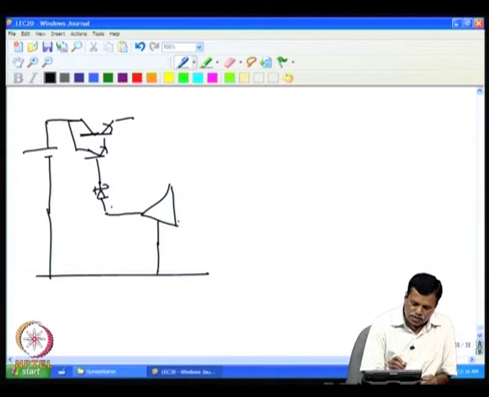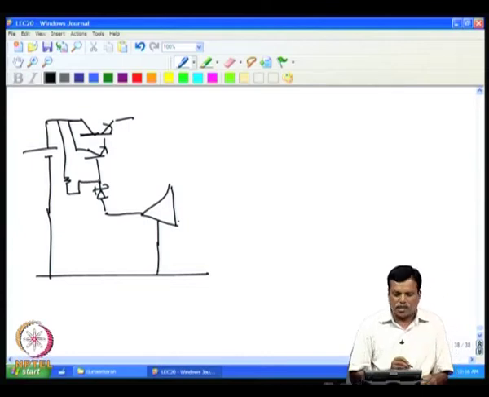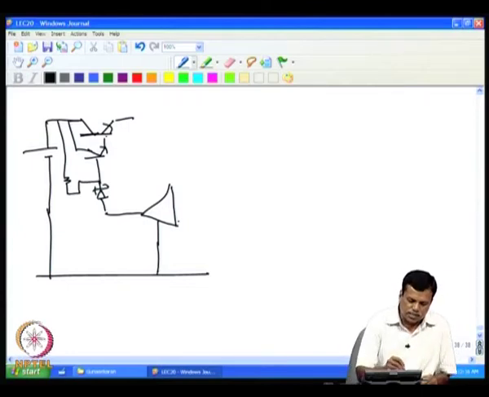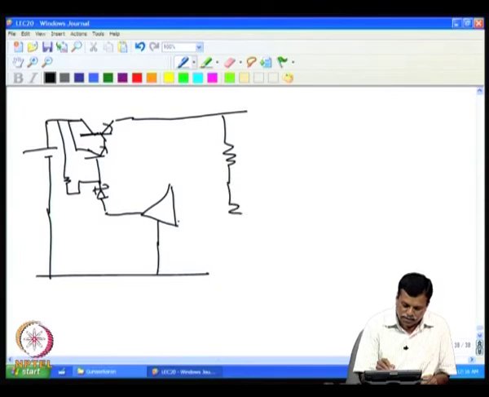We put a very high resistance to bias, to give a base current to the transistor. Then the output of that is used with a voltage divider, and we connected this to the minus input, and to the plus input we gave the reference voltage.